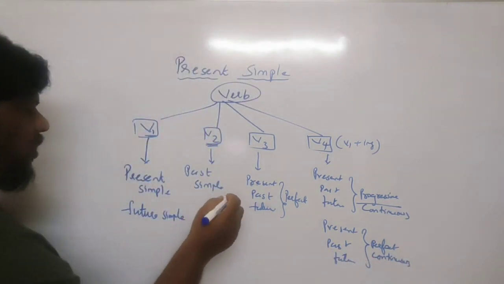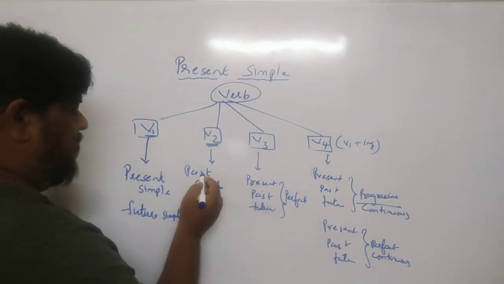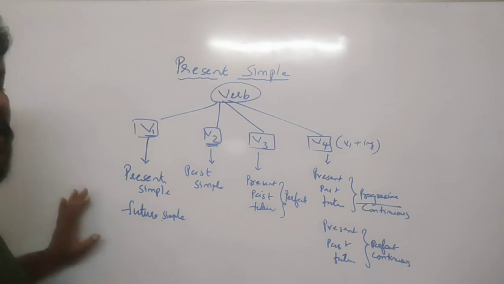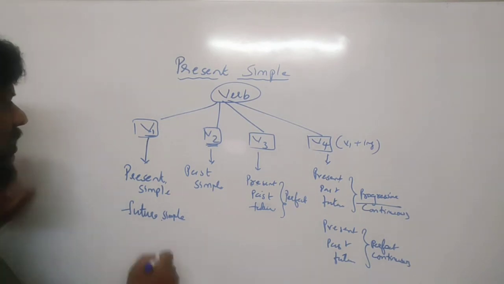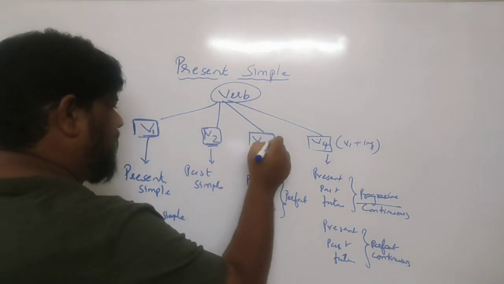So count the number: 1, 2, 3, 4, 5, 6, 7, 8, 9, 10, 11, 12. So totally 12 tenses are there, right? So these are the places where we use V1, V2, V3 and V4.